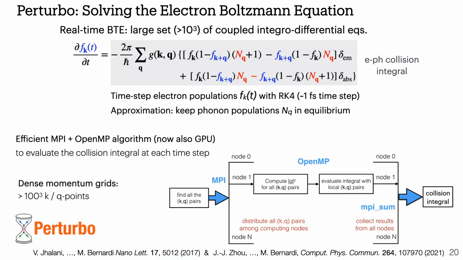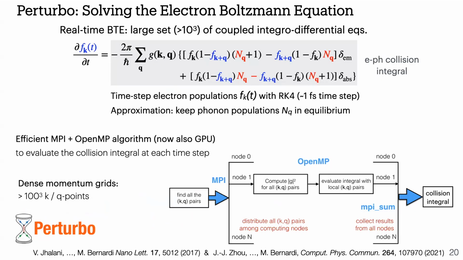So we actually started this effort quite early. Back in 2017, we implemented the real-time BTE just for the electrons, where now the electronic populations evolve according to the collision. So they usually excite the electrons and then lose energy to the phonons.